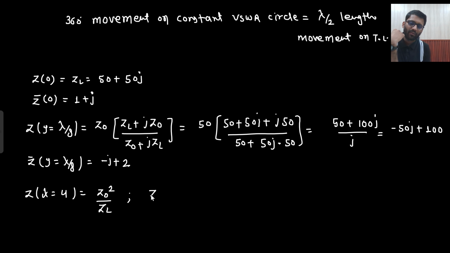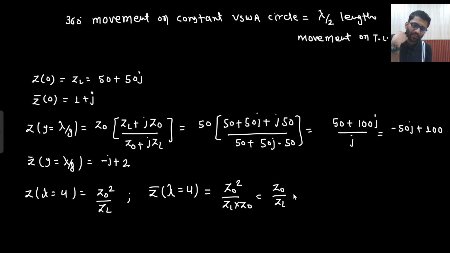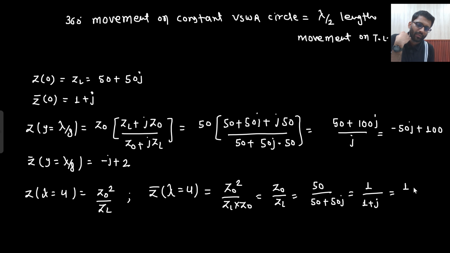And if I calculate the normalized one, that would be Z naught square by ZL divided by Z naught. So what will be my answer? Z naught by ZL. What is your Z naught? 50. What is your ZL? 50 plus 50J. What you are getting? 1 upon 1 plus J, or that would be 1 minus J divided by 2. This is also capacitive, right? So at lambda by 4 you are getting this.